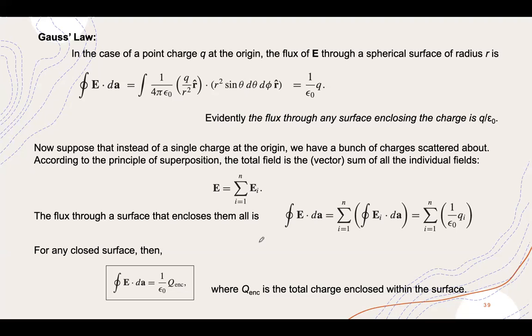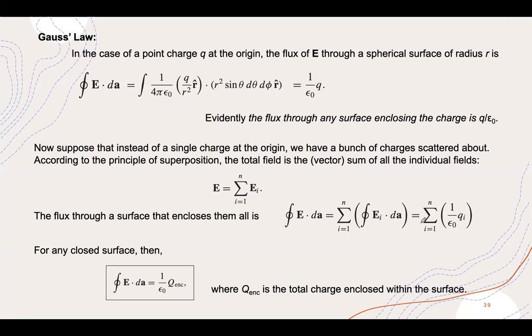So if you have the electric field as the vector sum over all the charges, then the flux has the generalized definition: the closed integral of E dot dA equals the sum over i equal to 1 to n, because this electric field is from the n-charge distribution, of the integral of the individual electric fields dotted with the infinitesimal area.